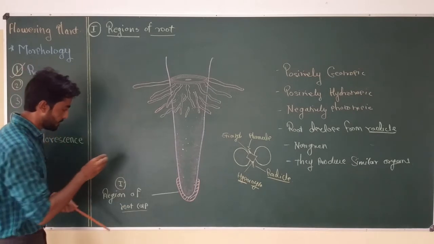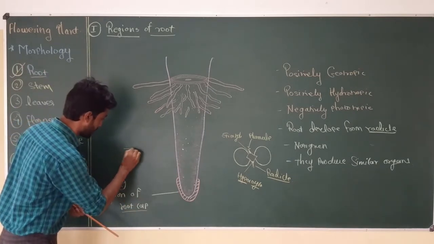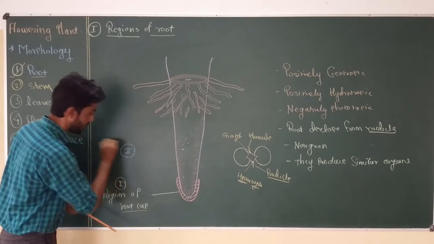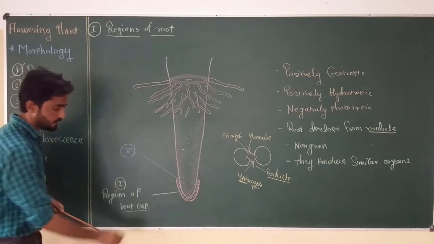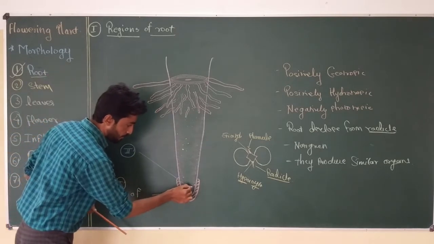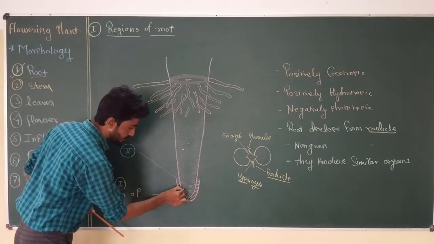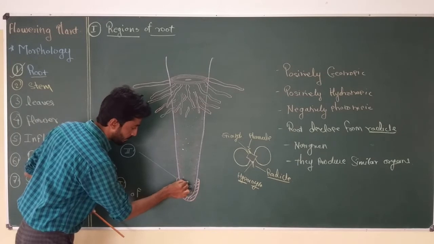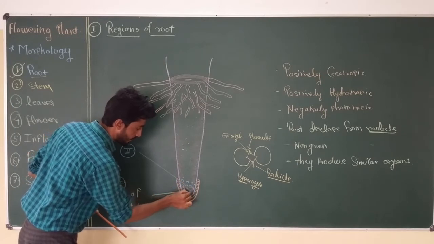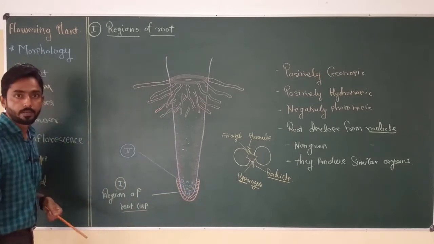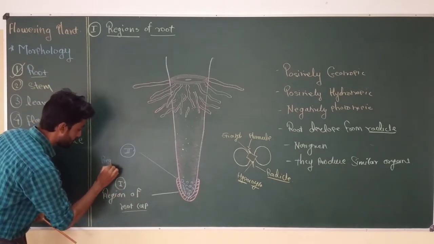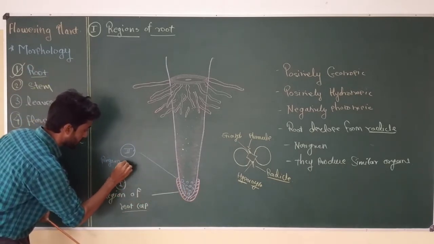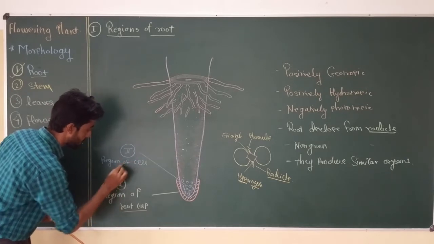The second region which is present in the root is the region having multiple meristematic cells that divide rapidly. So this region is called the region of cell division.